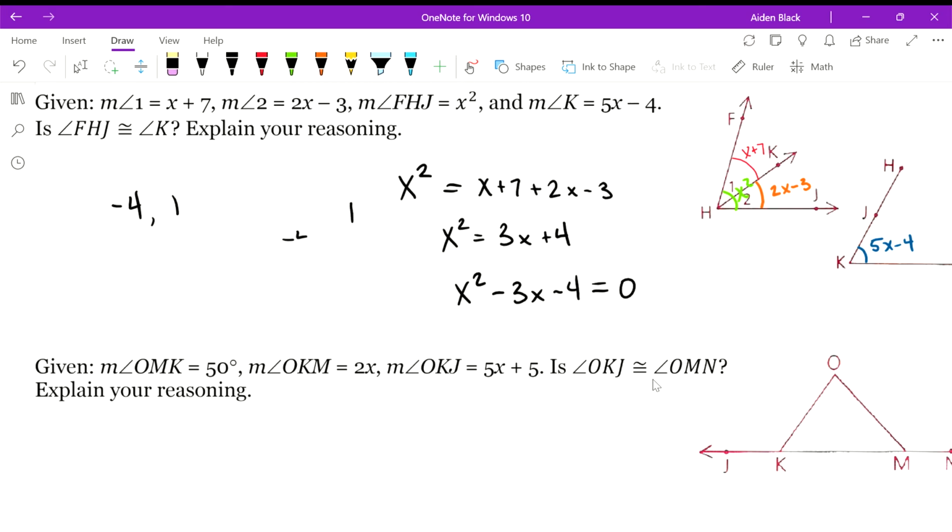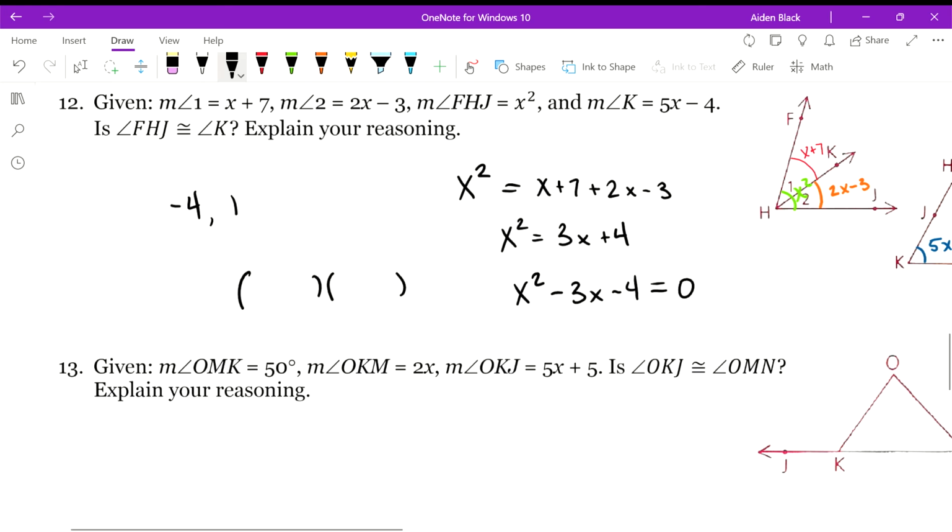Let me erase all this. Whenever we are factoring a quadratic with 3 terms, we will have something that looks just like this: 2 binomials. Each binomial starts with x. Now, I'm just going to place these terms in here. This one's -4. This one's +1.